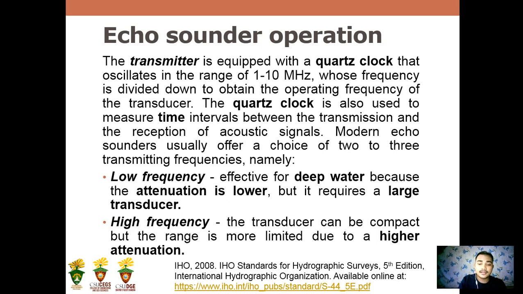But if low frequency imong gamiton sa transmitter, you are going to use a large transducer. And if high frequency, the transducer can be compact but the range is more limited due to high attenuation. Pag low frequency, low ang attenuation, and high frequency, higher ang attenuation.